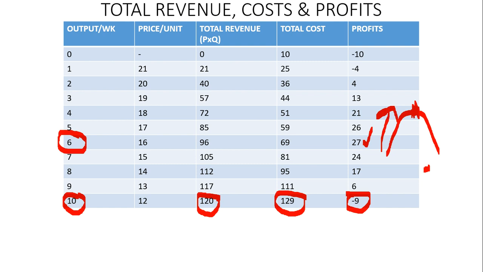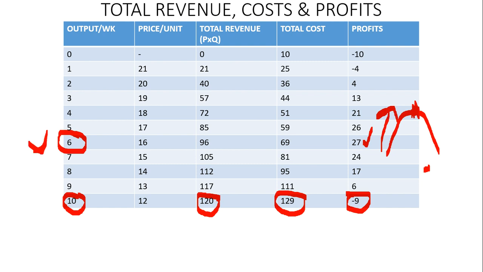So in short, you need to know that my profit maximizing output is the 6. Why? Because this is where your profits are at the maximum point. So profit is at its max when you are producing 6 units.